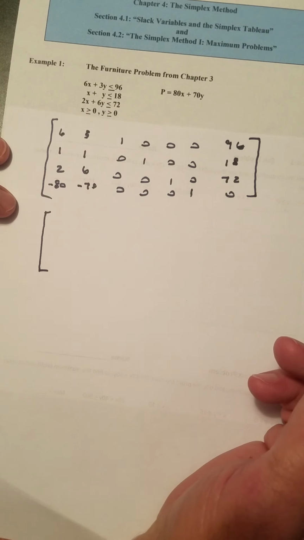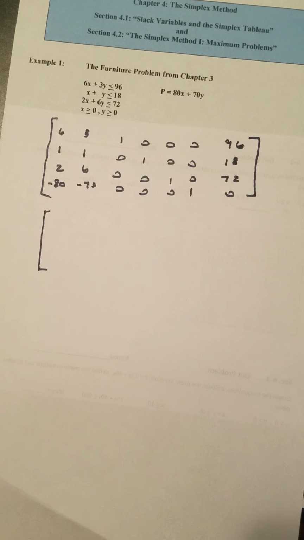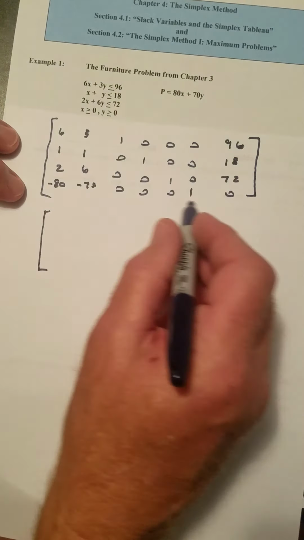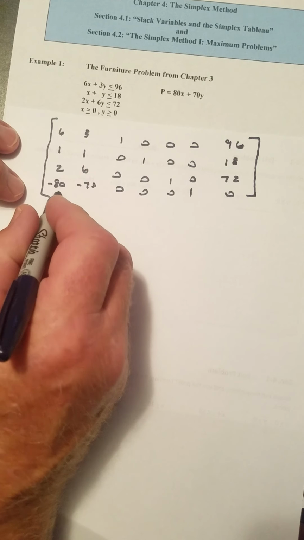Okay, I got it. I just have to recant my thoughts here. You don't really want a 1 there, but you're going to get a 1. As you look at the bottom, we want to find the biggest negative.